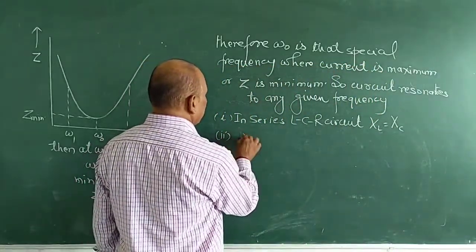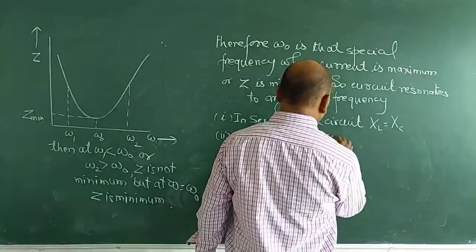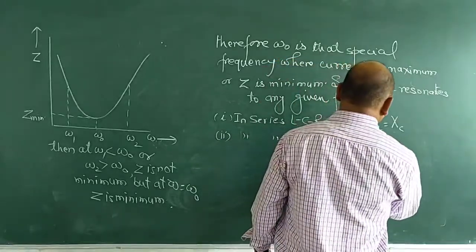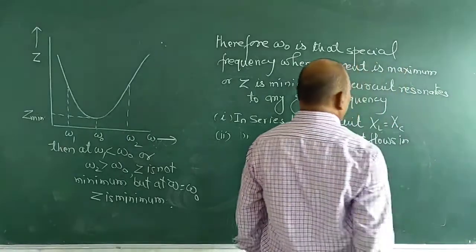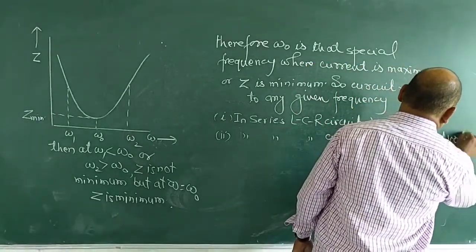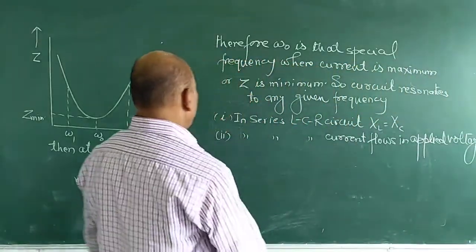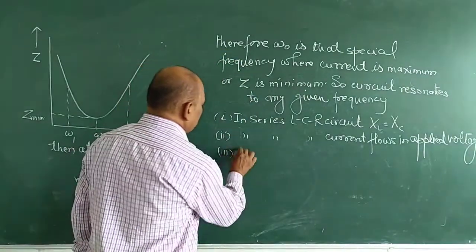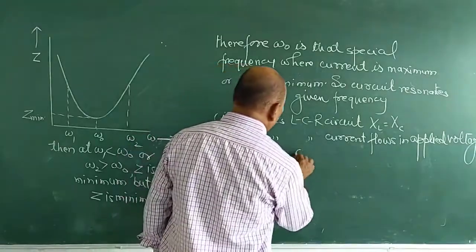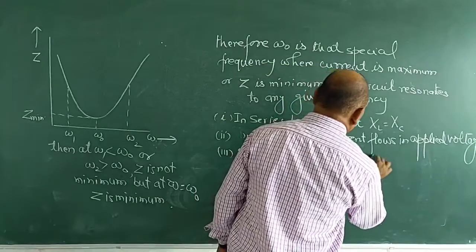Second, in series LCR circuit, current flows in the applied voltage direction. Third, at omega equal to omega 0, current is maximum.